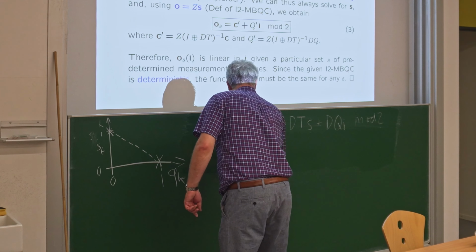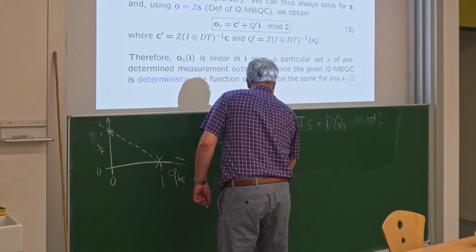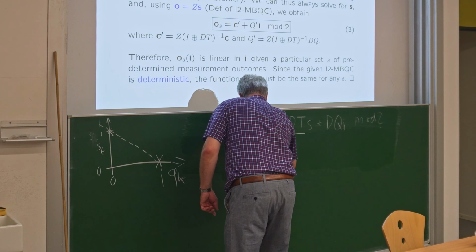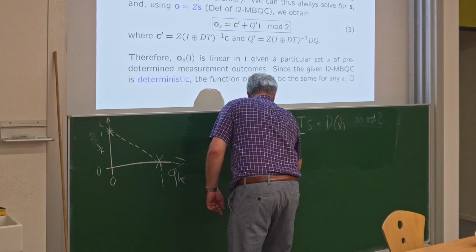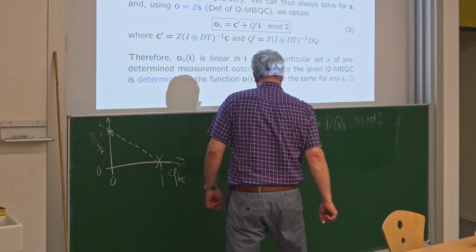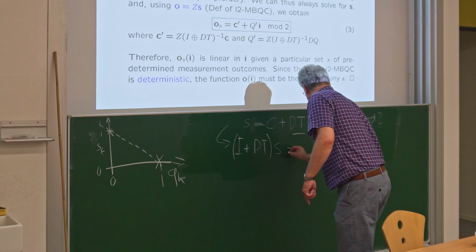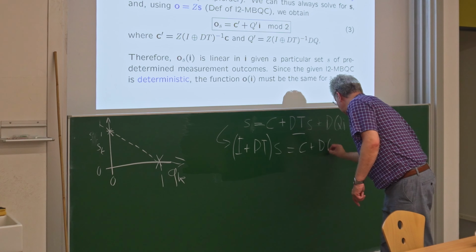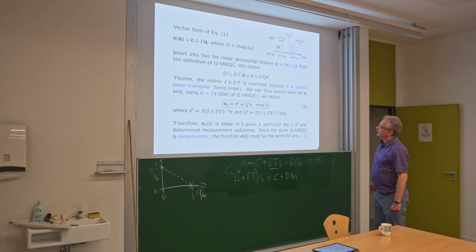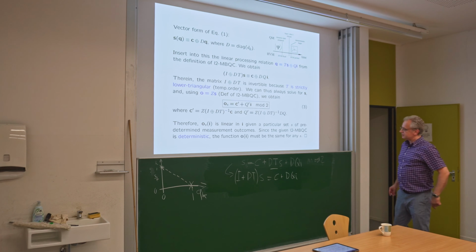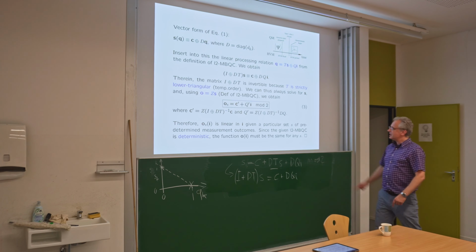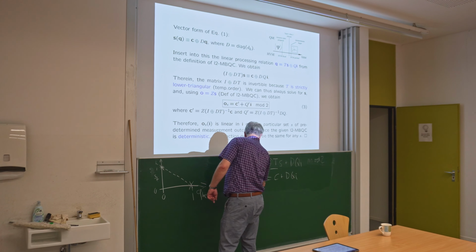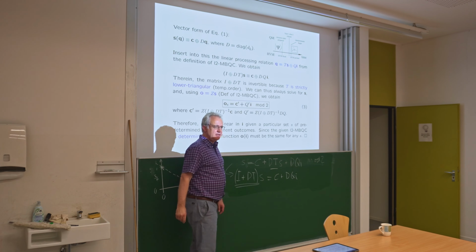And so we have identity plus DT, these are all matrices, times vector S is C plus DQI. Fantastic, I'm in accordance with what's on the board. So this is how this thing comes about. And so all I need to do is to invert this matrix.